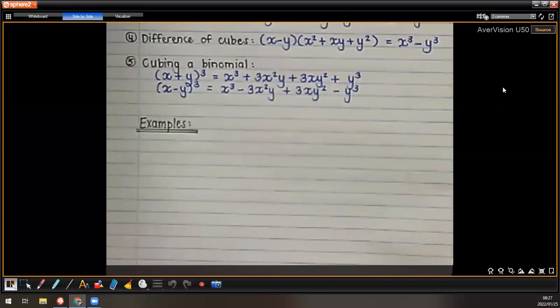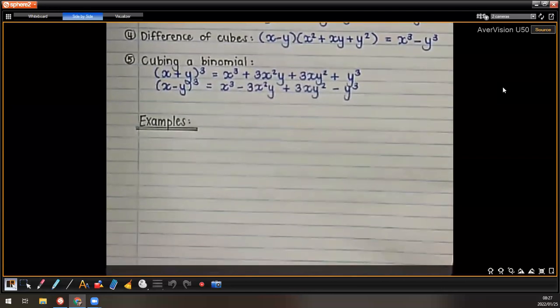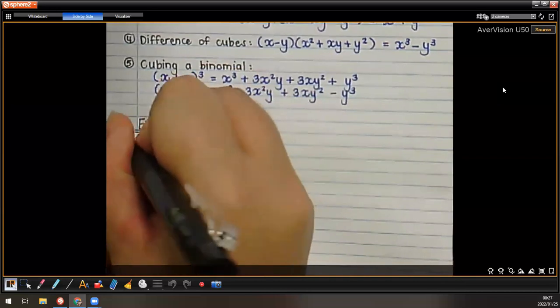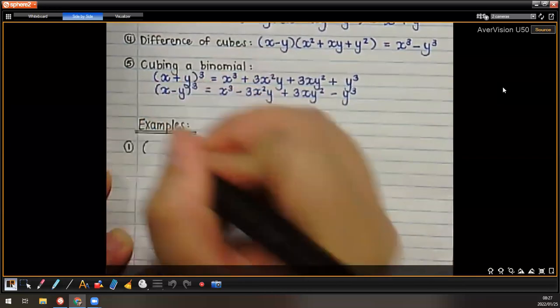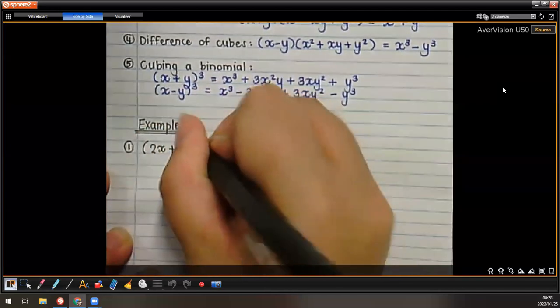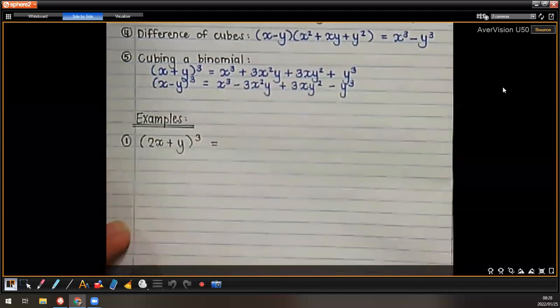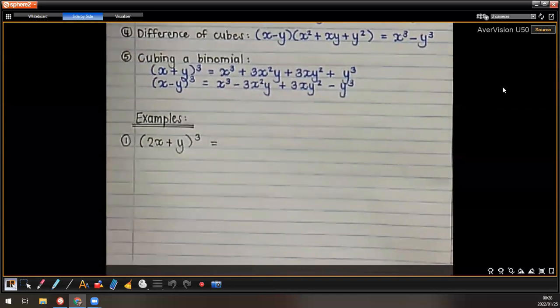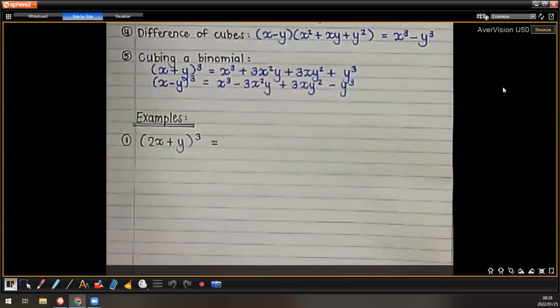Okay, don't worry. Number 1, let's do an easy-ish one to start with. Let's do 2x plus y cubed. Okay, so it's similar to the first one that we summarized, but now we just have a 2x instead of an x.